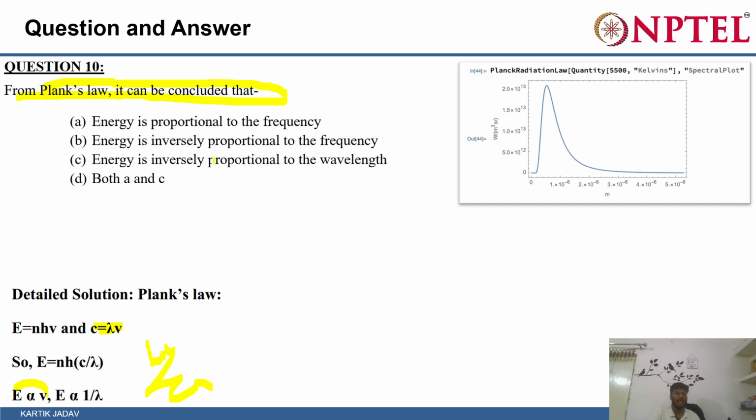So energy is proportional to the frequency. Energy is inversely proportional to the wavelength.